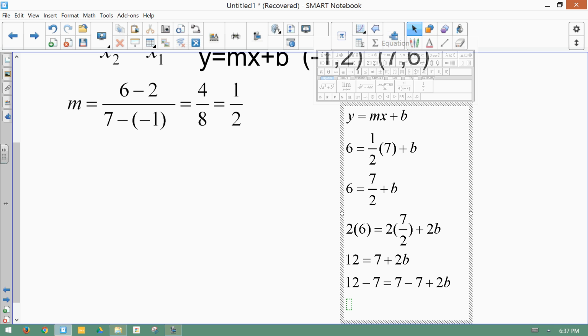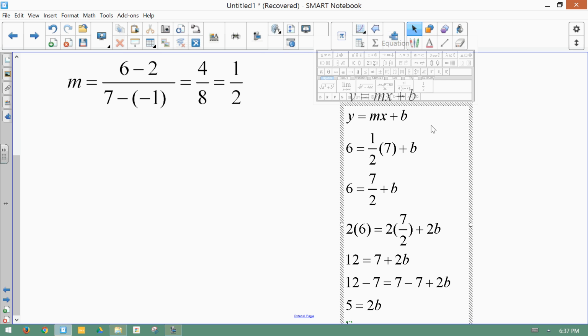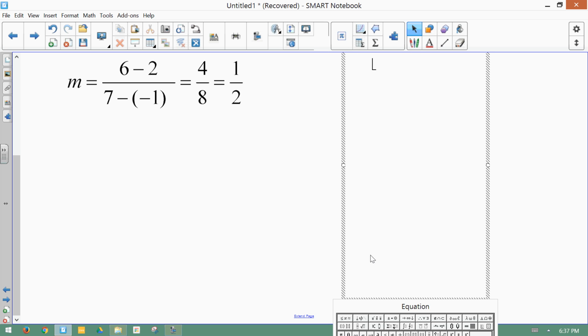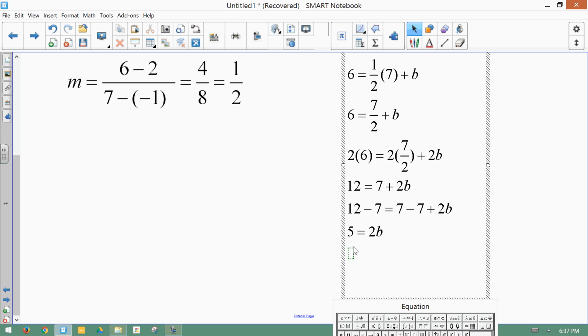That gives me 5 is equal to 2b. Divide both sides by 2. And I know you can't see that. Let's see if we can move this up so you can.